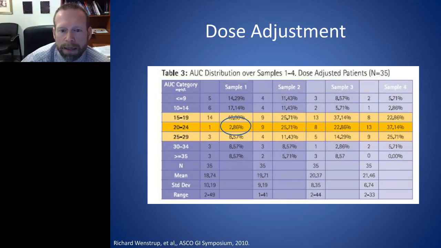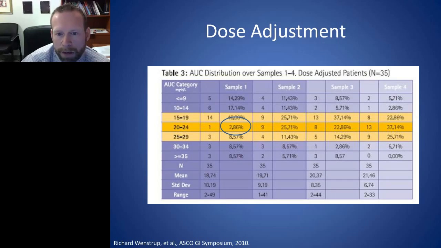And this may be highlighted a little bit better if we show the table so you can see the numeric data, where you'll see in sample 1, or in the first cycle, our target of 20 to 24 for AUC, and you'll see that only 2% of patients are in that narrow box, and then another 50% of patients are in the fringe area of this.